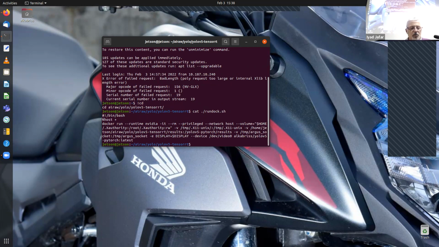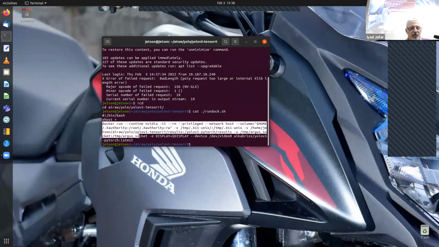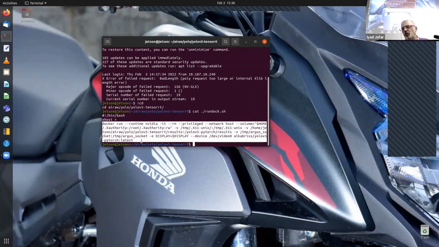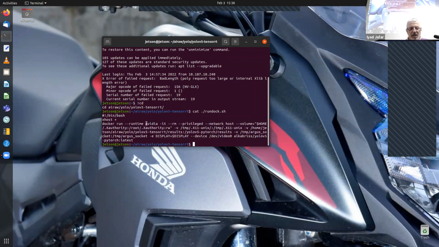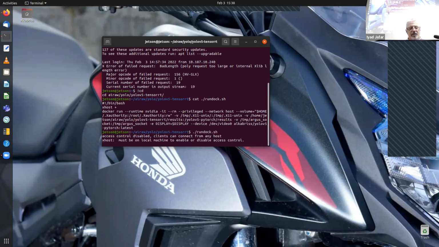You need to type all this stuff. So I created a script because it's too long. You cannot remember. There's a lot of flags you need to turn on. There's a lot of complex stuff. But first of all, we start by using this. So just type run-docker, okay, and it starts my container.